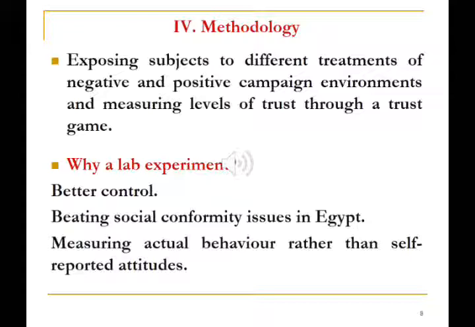And then after that exposure, we measure the trust level or the interpersonal trust level between them. If we find that those who are exposed to a context of negative campaigning are less likely to trust each other compared to the control, then we prove our hypothesis. So it is very straightforward, very simple.